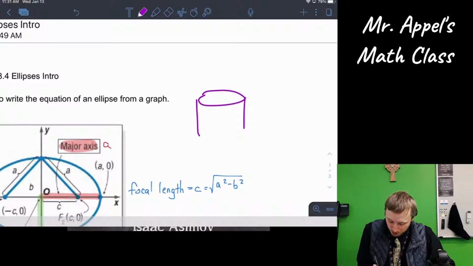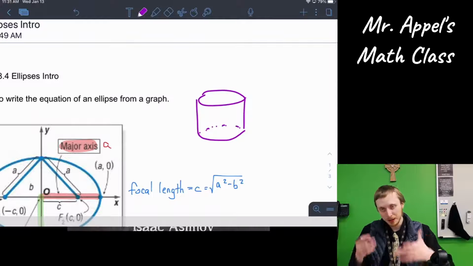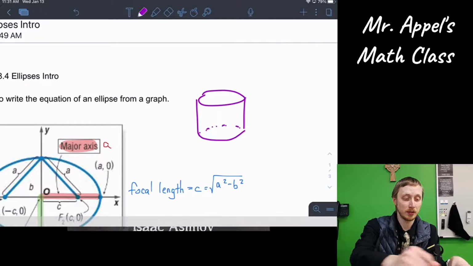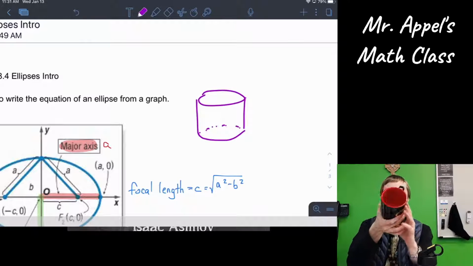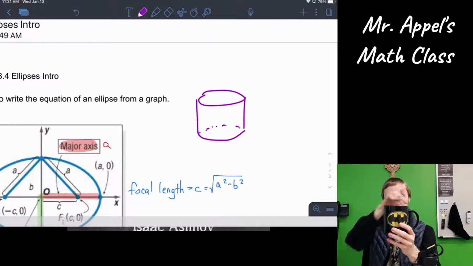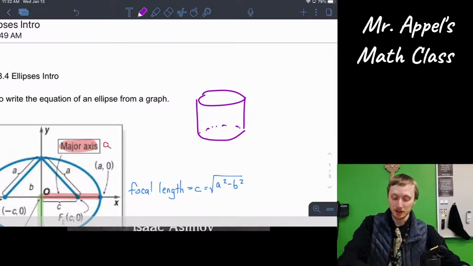If I want to draw a can, what I'm actually drawing is an ellipse. I know that this object is circular, a perfect circle on the top here, but when I look at it at an angle, you get the perspective view, and it looks like an ellipse, right? So that's the difference there.